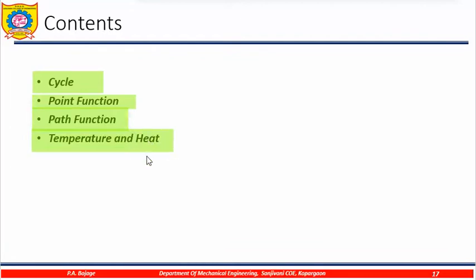These are the basic concepts of thermodynamics which you will come across when you solve the various cycles or when you define the various thermodynamic cycles and properties. So, let us discuss one by one.